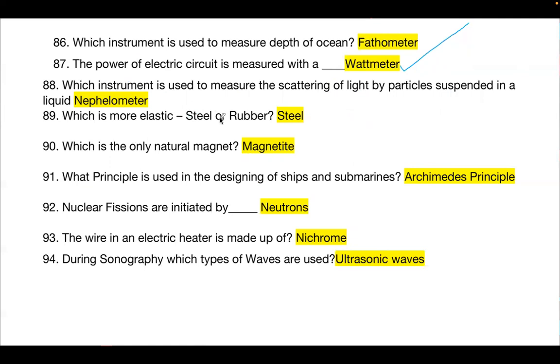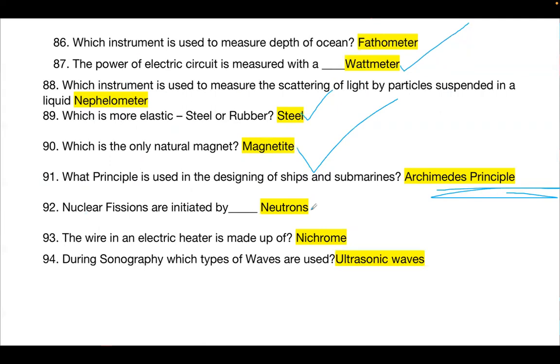Okay. If we take steel and rubber, the one which is more elastic is steel, not rubber. What is the only natural magnet? It is magnetite. And the principle used in designing of ships and submarines is Archimedes principle.